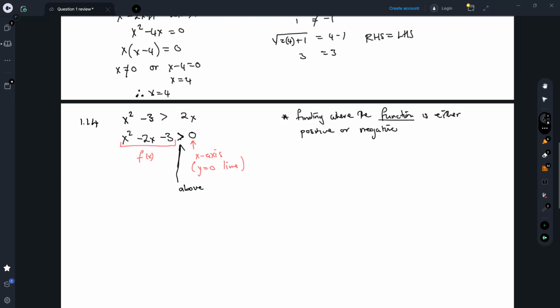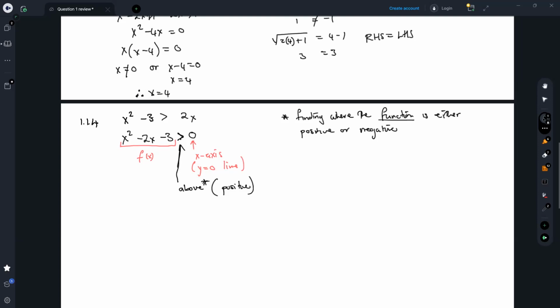So greater than in this case can be linked to above, if you're going to think of it in a diagrammatical manner, right? And then you can also think of greater than as meaning positive. If we're going to think of it in terms of numbers, you're saying f of x is greater than 0. It means that you're talking about positive numbers, right? Where the y values of this function are positive values. Okay. So those are the 2 ways we can think about it.